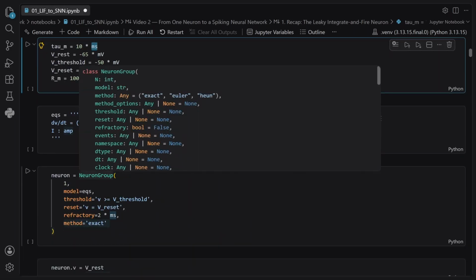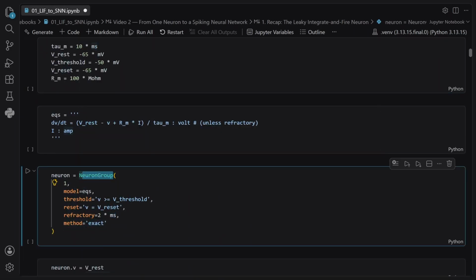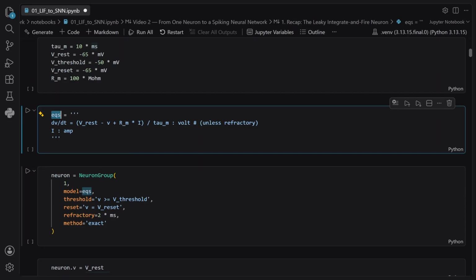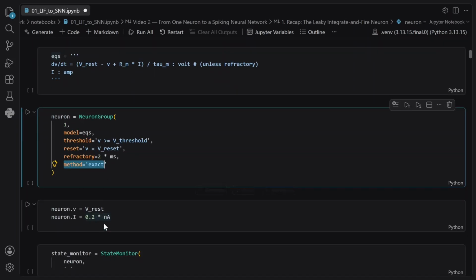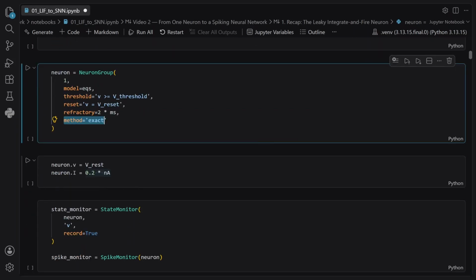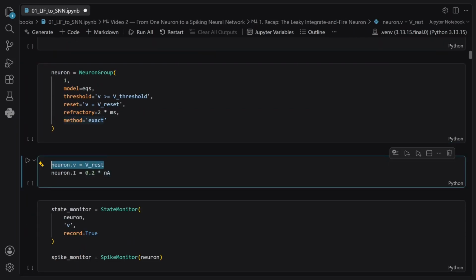How did we create one neuron? We used something called NeuronGroup. We created one neuron. We defined our model. We defined our thresholds, and what happens after we cross thresholds, something called refractory period, and what approximation method we use. Then we defined our initial condition.